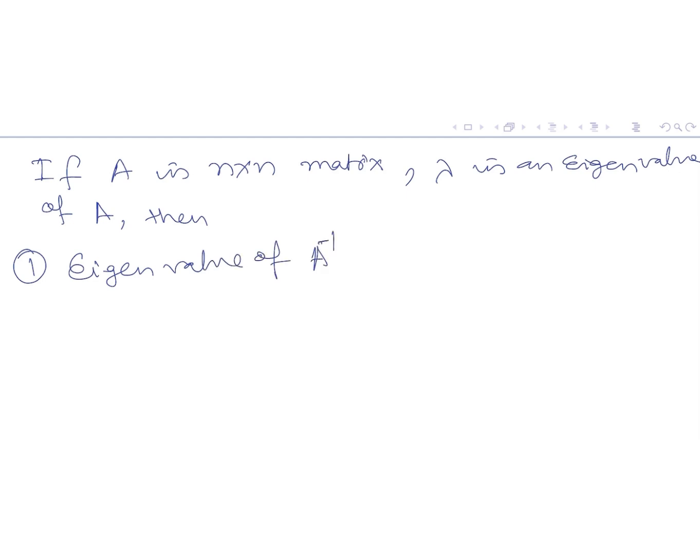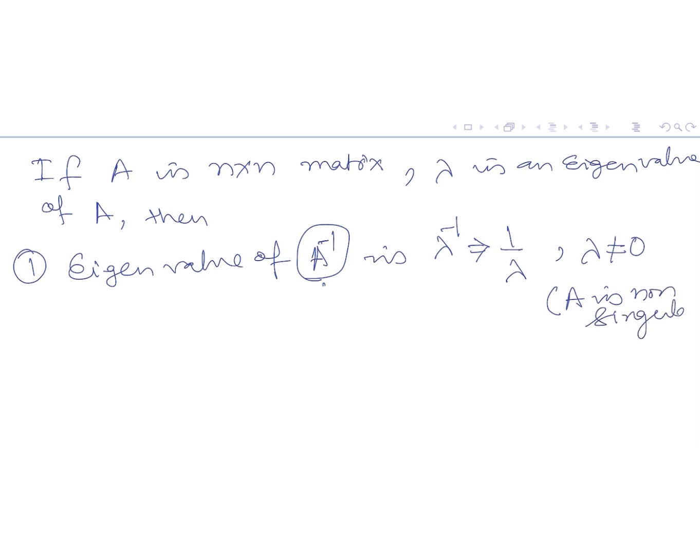I want to know what the eigenvalue of A inverse is. It is lambda inverse, that means 1 by lambda. That means lambda should not be 0, right? Which means A inverse exists. A must be what? A must be non-singular. Because if A is non-singular, then you are able to talk about the inverse of the matrix, right?